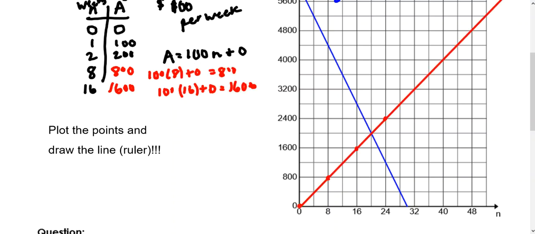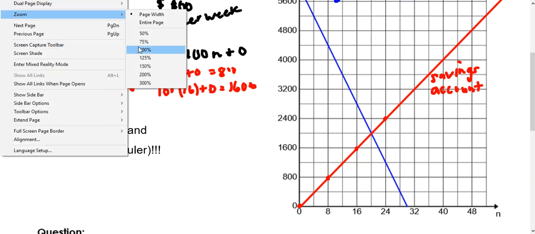All right, so now this is my savings account. Okay. So what I'm going to do now is, again, I'm going to just zoom this out a little bit so that we can see it a little better.